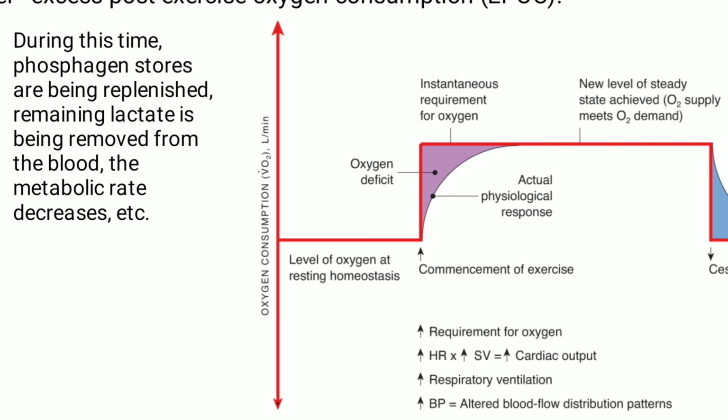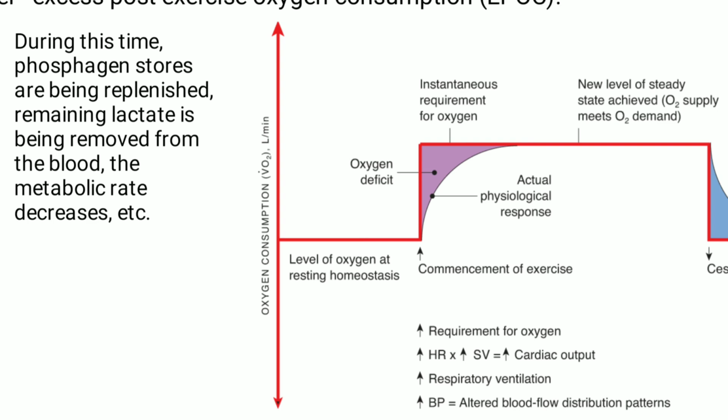This is the early phase of exercise, like 2 to 5 minutes. This phase is called the oxygen deficit phase. Then it enters into a steady phase or a plateau phase.